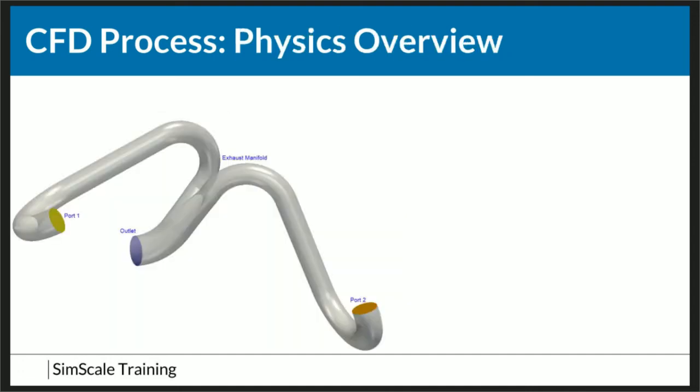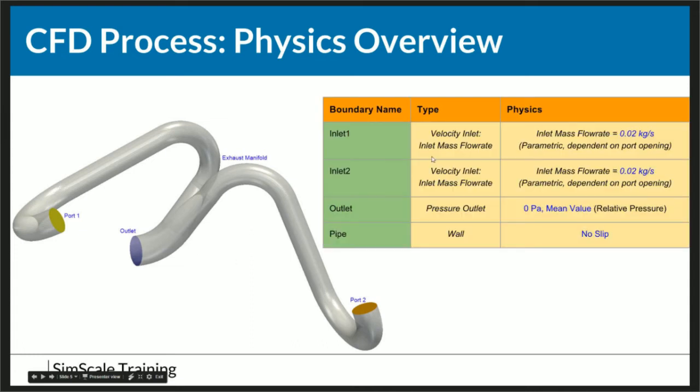So just the basic physics overview. We have two ports coming from the engine, and this is the exhaust manifold that is made out of steel. We have the outlet into the atmosphere. So we have the two inlets at the two ports.